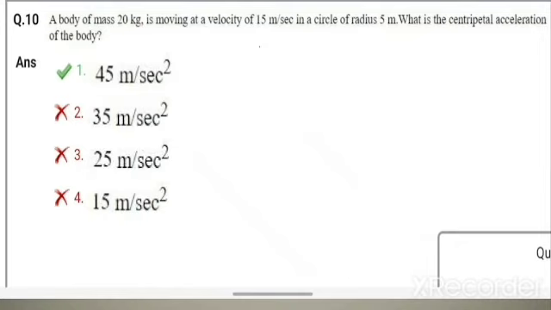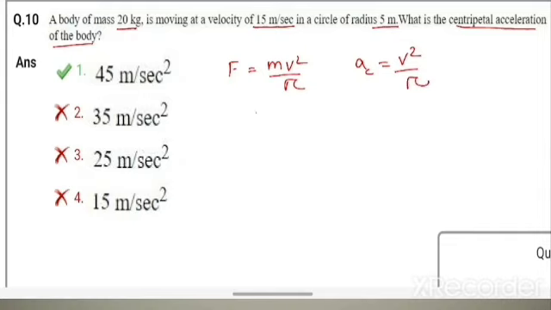Then question number 10. A body of mass 20 kg is moving at a velocity 15 meter per second in a circle of radius 5 meter. What is the centripetal acceleration of the body? As we know, centripetal force Fc is equal to mv square by r, where centripetal acceleration AC is equal to v square by r.